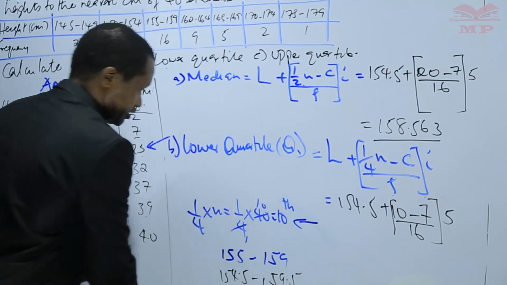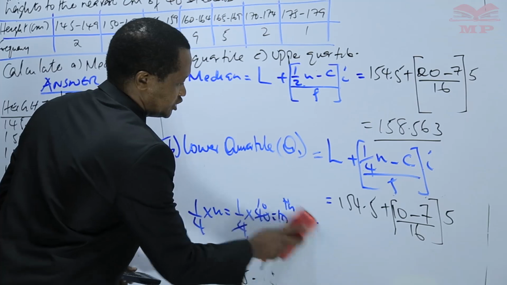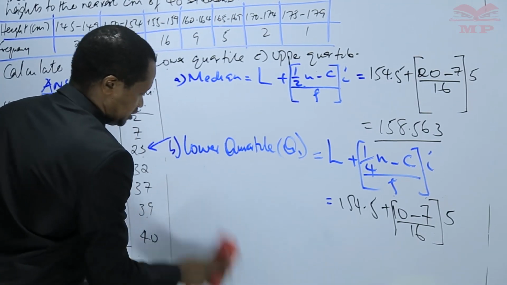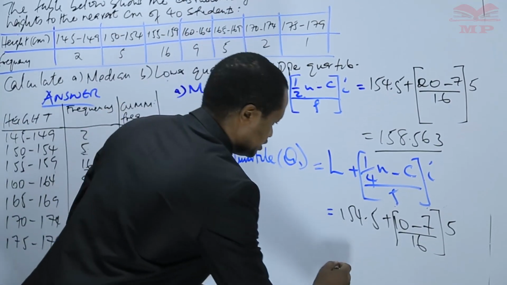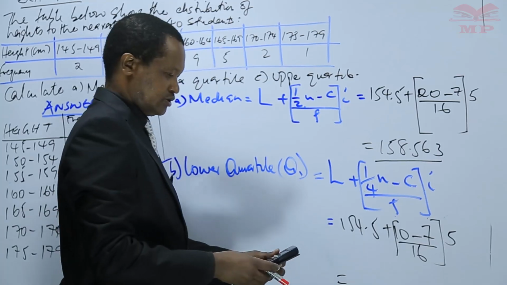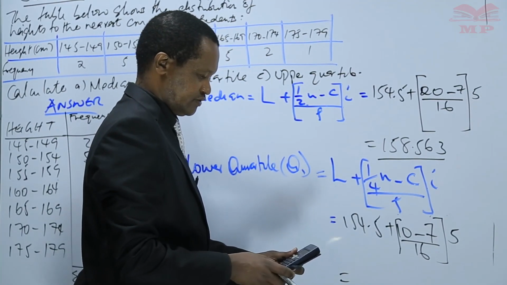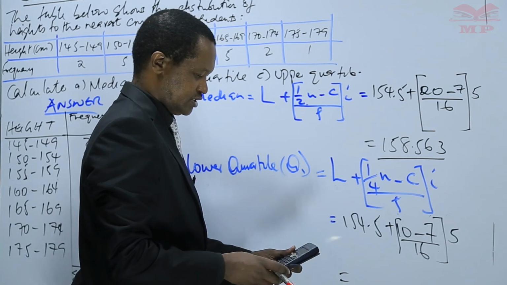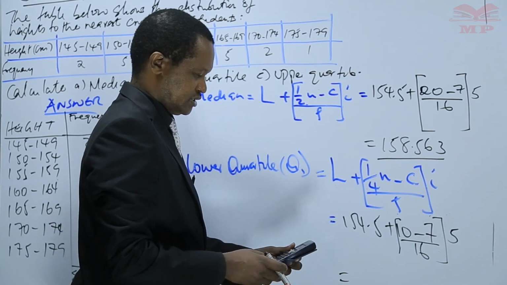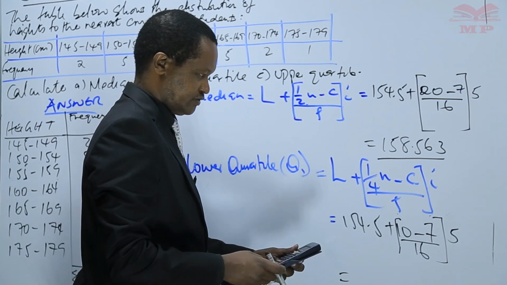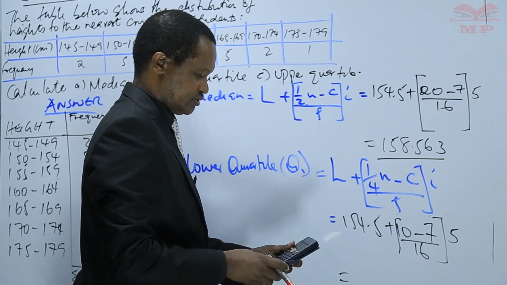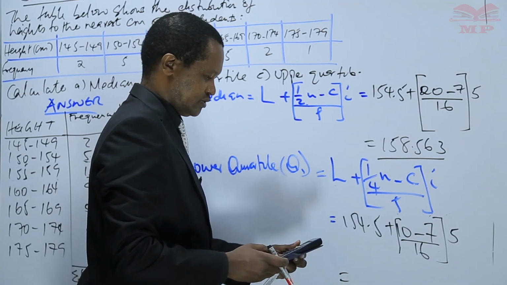So the rest is the work of the machine. The machine will give us the answer here. So I'll have 10 minus 7, divided by 16, times 5, plus 154.5.